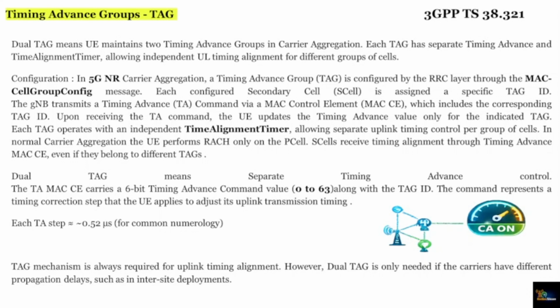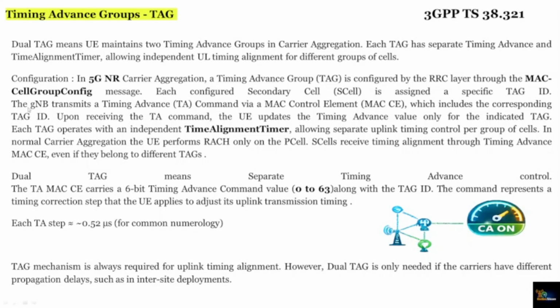That means in 5G NR carrier aggregation, the timing advance group is configured by the RRC layer through the MAC-CellGroupConfig message, and each configured secondary cell is assigned a specific TAG ID. This means the PCell has its separate TAG ID and the SCell has its separate TAG ID in dual TAG.